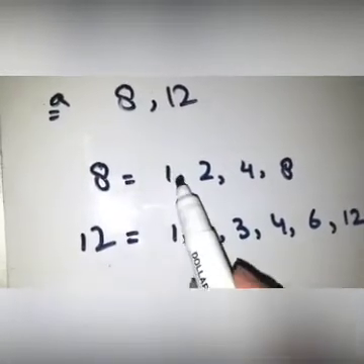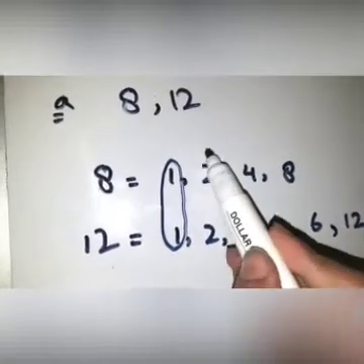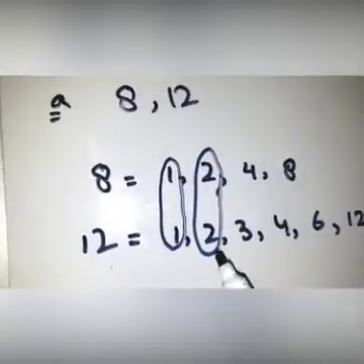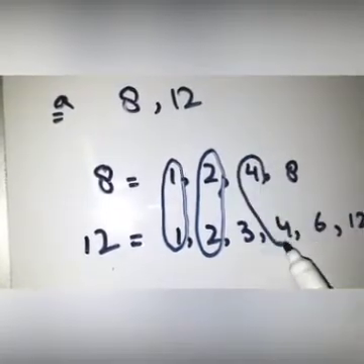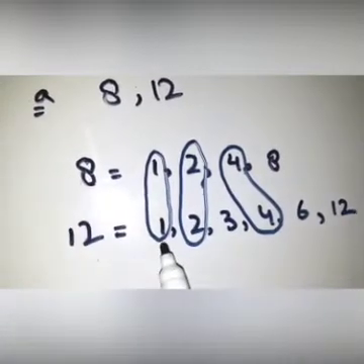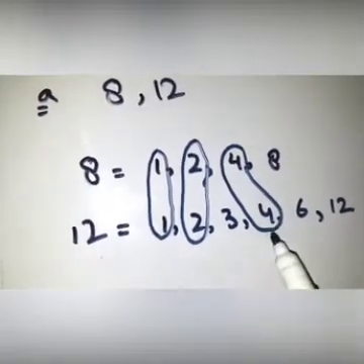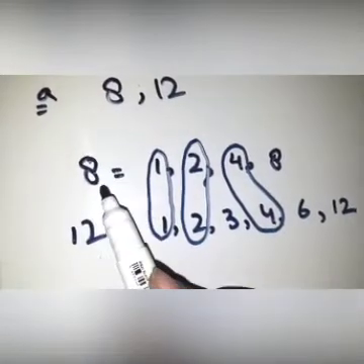After finding them, you will match and find the common factors. Common factors mean a digit which comes in both values, so both are its factors. You can see that 1, 2 and 4 are the common factors between 8 and 12.